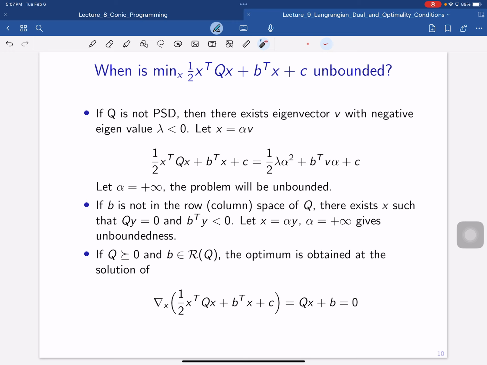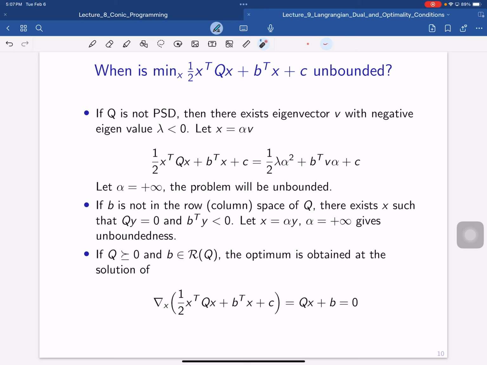In this case, since Q is PSD, we know the problem is convex, right? For a convex problem, the minimum is obtained at gradient equal to 0. You just take the gradient of this quadratic function. The gradient is Qx plus B equals 0, and the solution of this linear system will be the optimal solution.